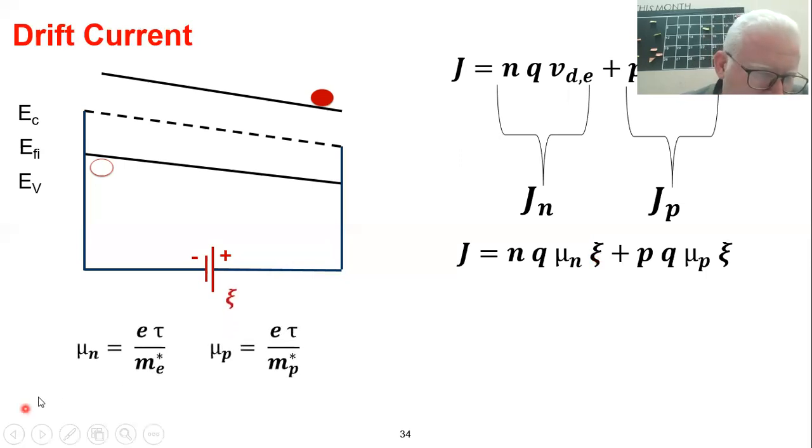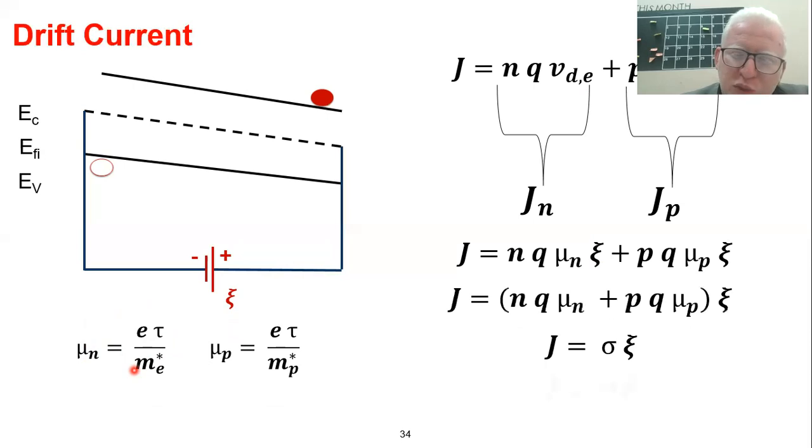This is an old relation we already discussed in the previous course in the material, saying that the mobility is inversely proportional to the mass. Again, this makes sense because whenever the particle has a higher weight, its mobility decreases. Okay, this is what we call the drift current.